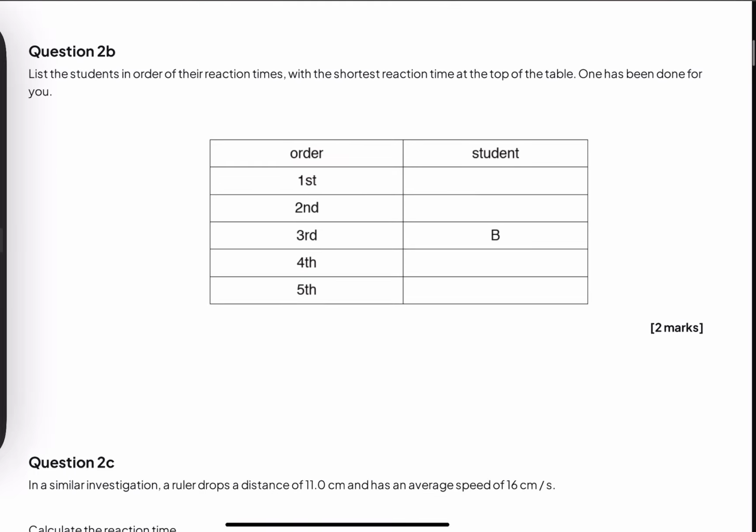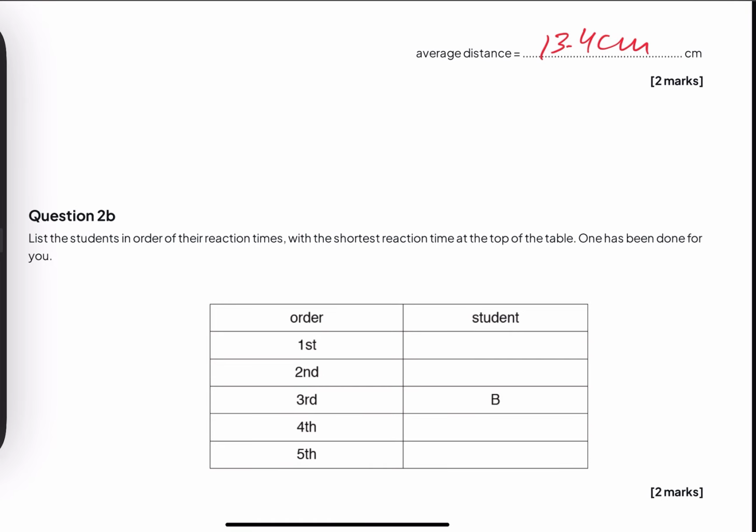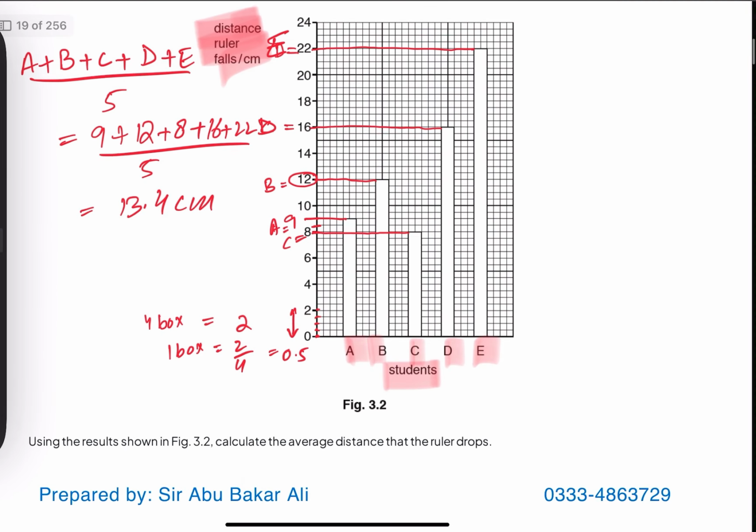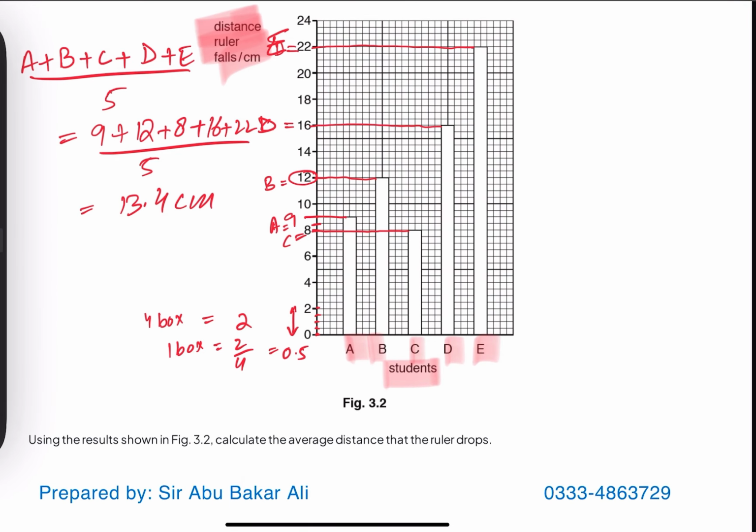And the B part lists the students in order of their reaction time, with the shortest reaction time at the top of the table. One has been done for you. Okay, we have to write down the reaction times.